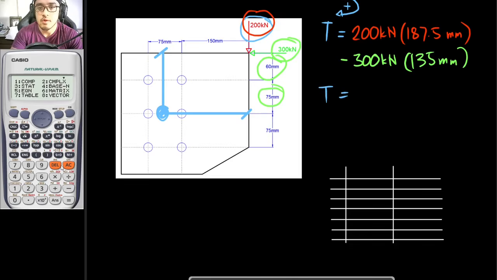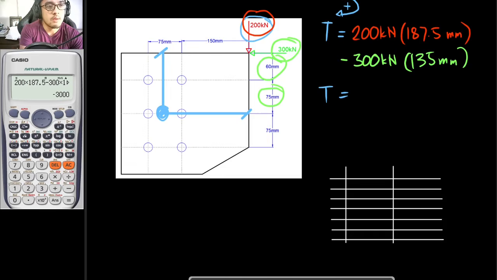Yes, sir. Okay, so let's solve for the moment here. So 200 times 187.5 minus 300 times 135. So this is equal to negative 3,000 kilonewton millimeter. And I think it is better for us to divide this by 1,000 to convert this into kilonewton meter instead of kilonewton mm.